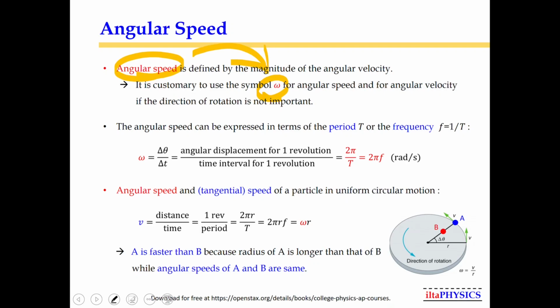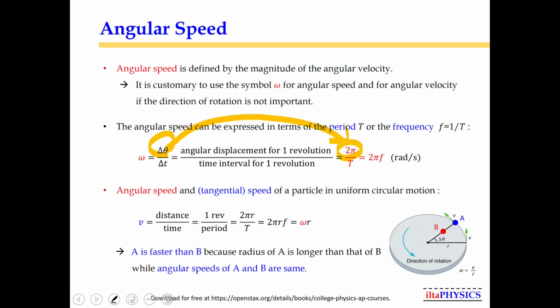If we express this angular speed using other parameters of circular motion, period T and frequency f, it looks like this. Since the period is the time it takes to complete one full circle, based on the definition of angular speed, it can be calculated as the angular position of one full circle divided by the period. Also, since frequency is the reciprocal of the period, we can rewrite it using frequency as follows.